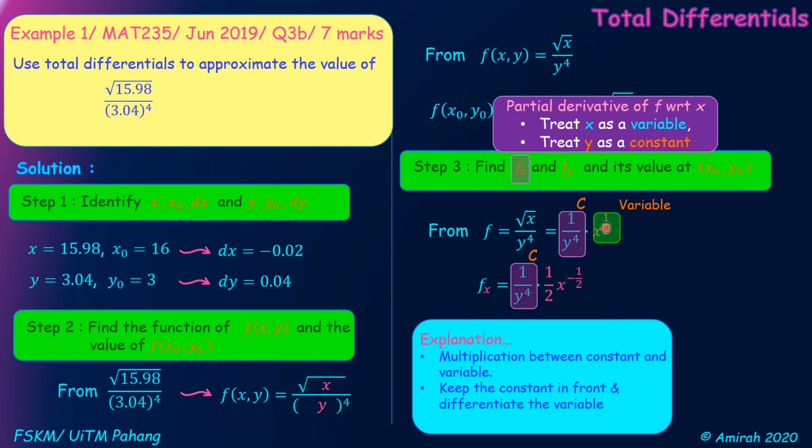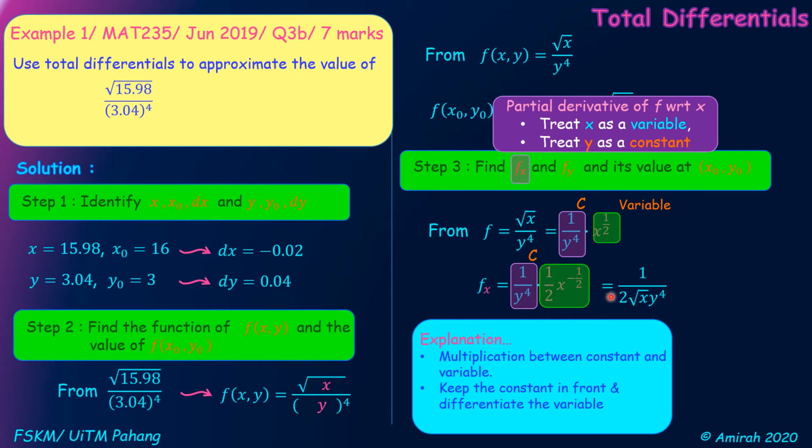When we differentiate, we keep the constant in front and differentiate the variable using an appropriate technique. In this case, we can differentiate using the power rule. We move the power to the front, and then x to the power of half minus 1, which equals negative half.